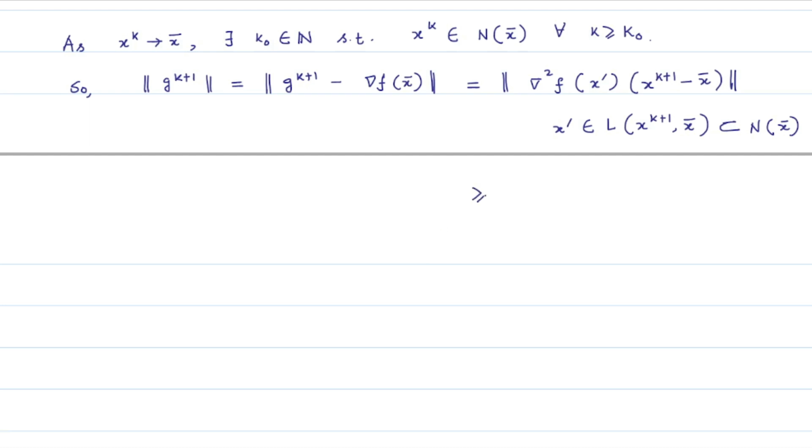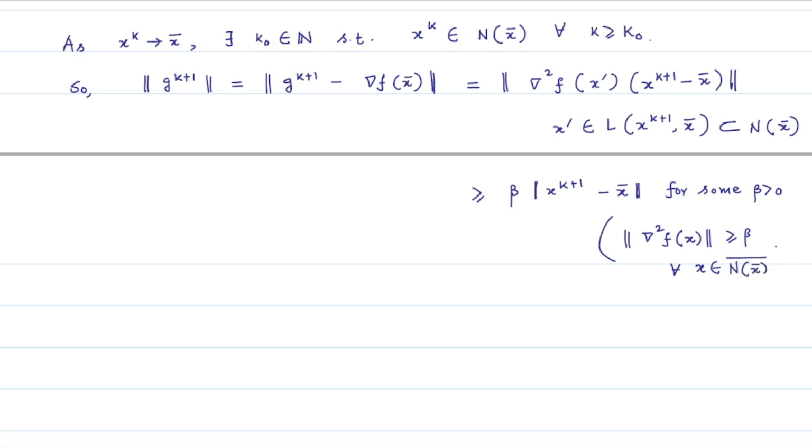This quantity is greater than or equal to some beta times norm of xk plus 1 minus x bar, where this beta is a lower bound of the norm of the Hessian on the closure of the neighborhood of x bar.